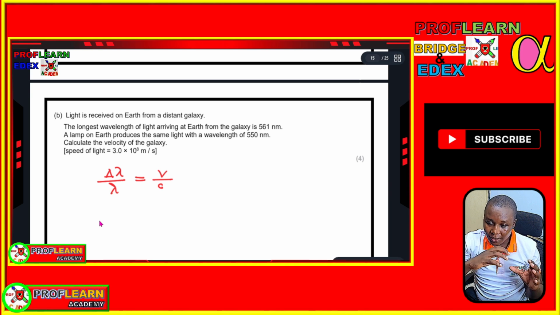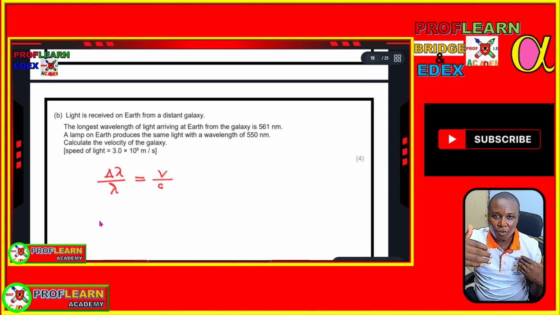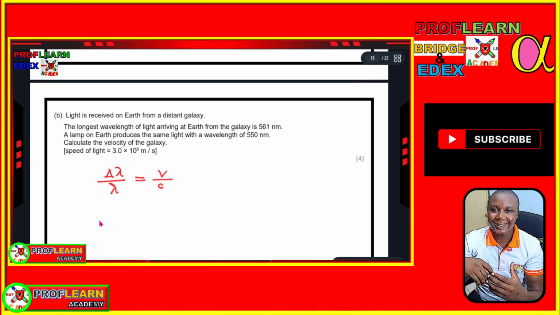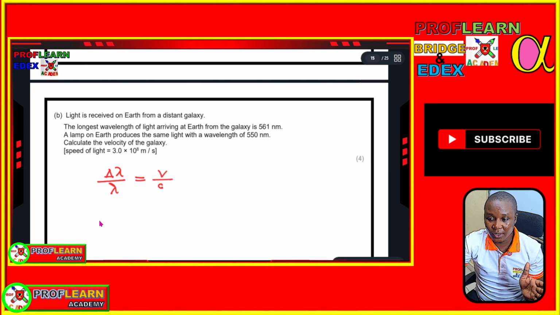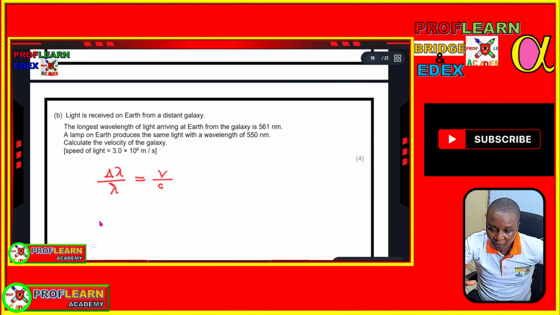So what we are saying here is that the star is producing a wavelength of 550, but since it's moving relative to the observer on Earth, we are going to measure a larger wavelength. So we need to work out the change in wavelength, the difference in the wavelengths: 561 minus 550 over 550.